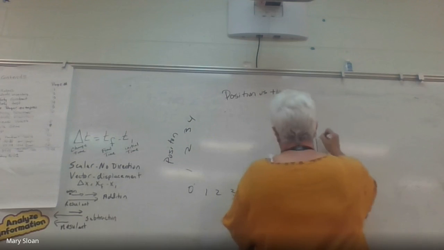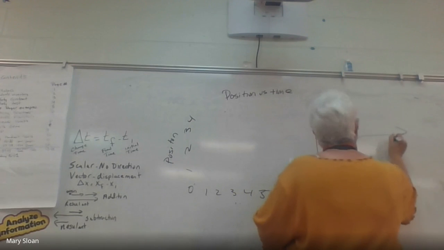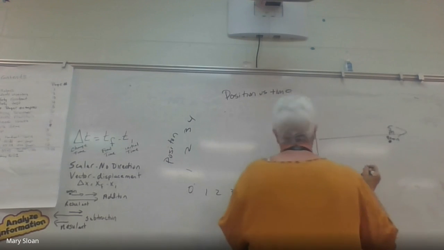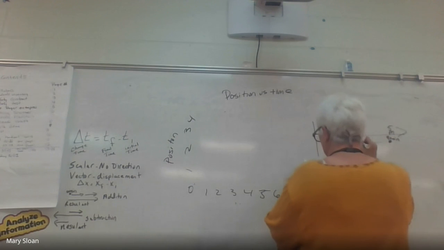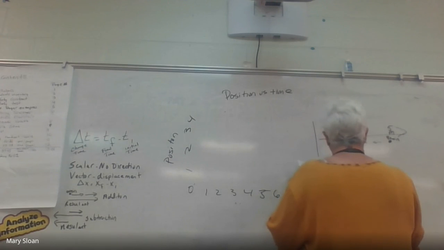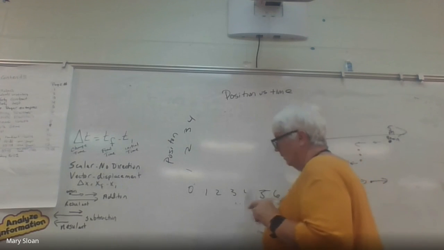So if I look, we're going to begin here. And that's at 5 meters, right? And then we're going to go this way. And then we're going to stop. Then we're going to go this way. We're going to stop. And then we're going to go this way. And then we're going to stop. All right?